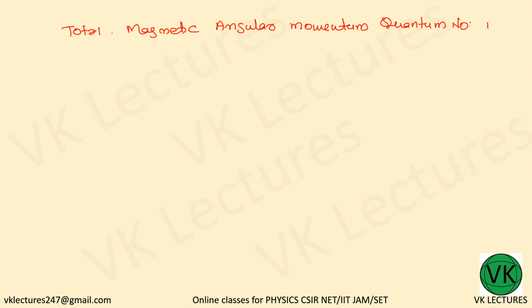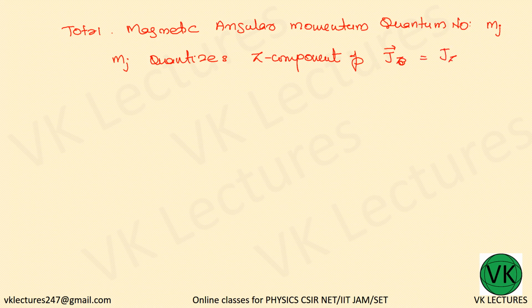It is given by mj, and mj quantizes the z component of the total angular momentum quantum number j. So that is J, z component of J, which is equal to Jz.